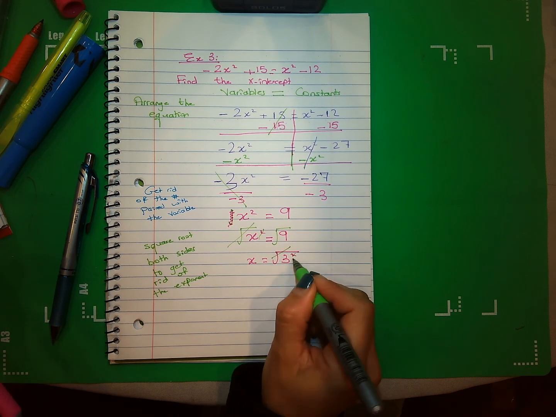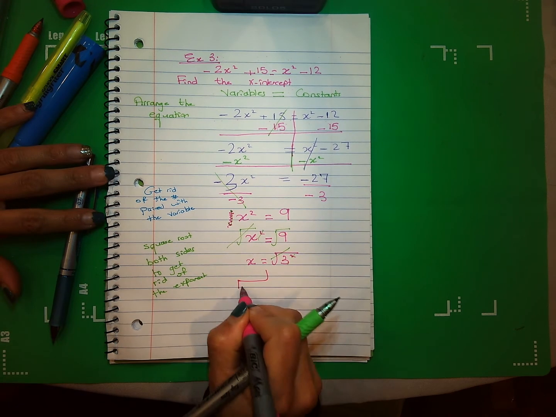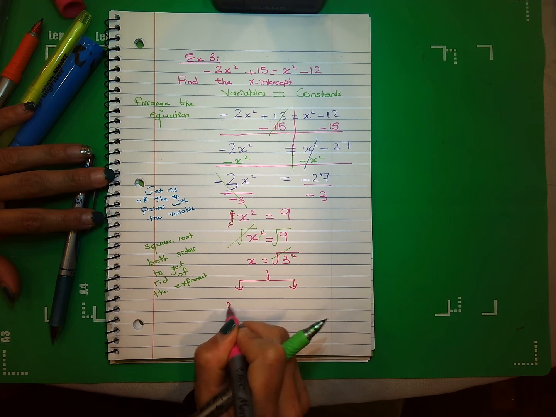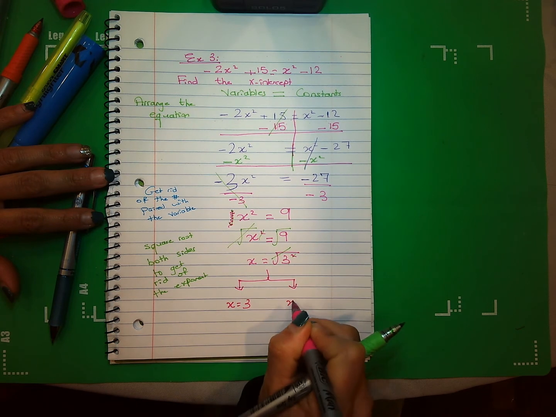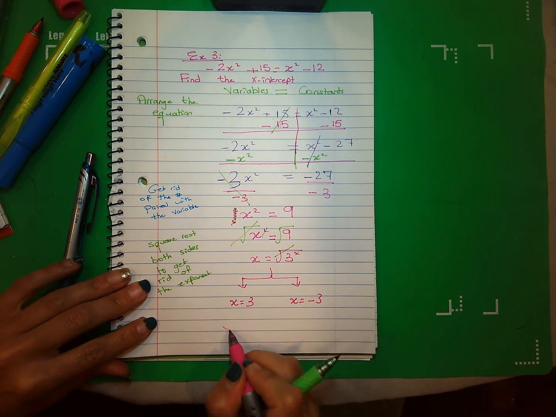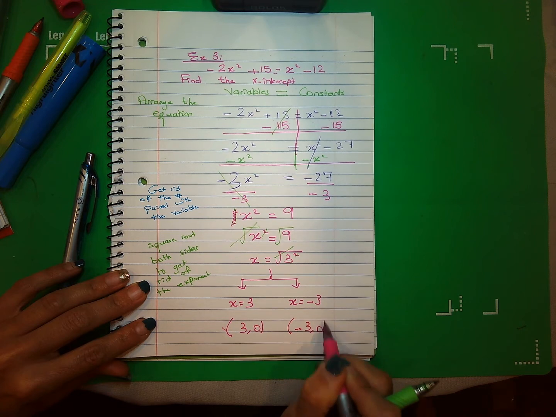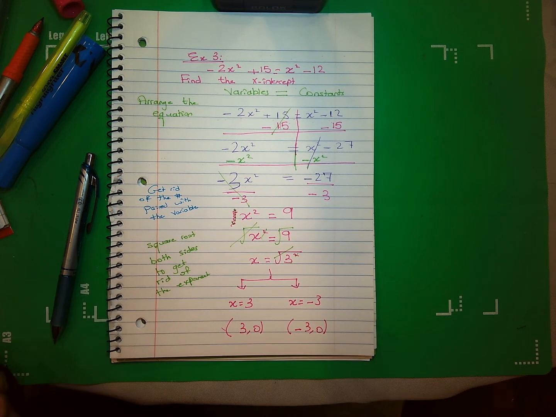When I have a constant and I get rid of the square that way, I'm going to have two values. One of them is positive, one of them is negative. So it will be 3, 0, negative 3, 0. Yep, and that is the solution, or this is the x-intercept of the quadratic function that we have.